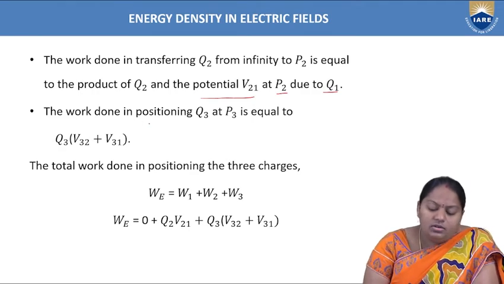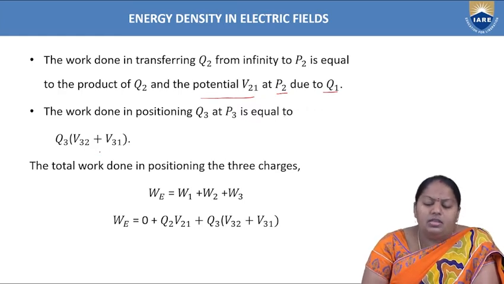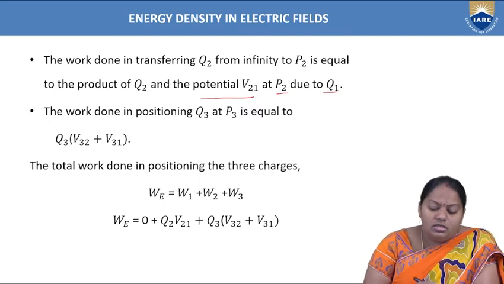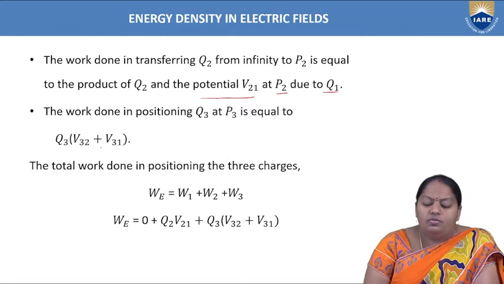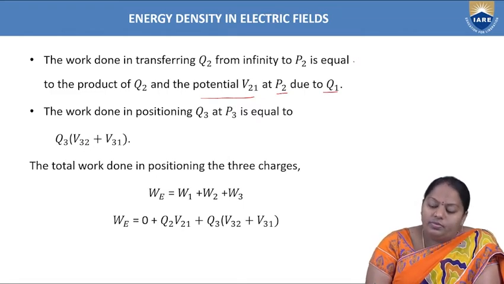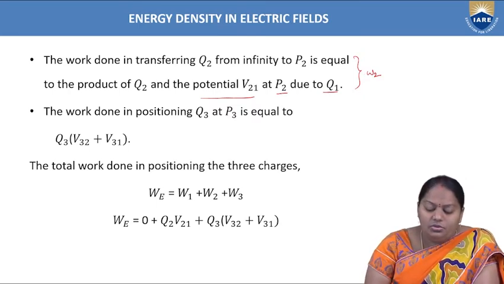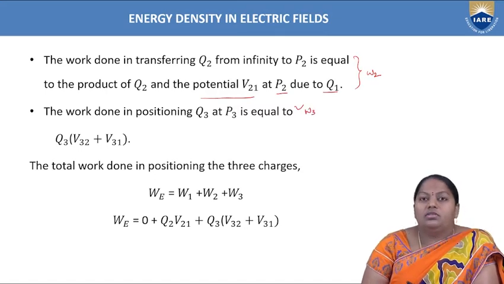The work done in order to assemble or position charge Q3 at P3 is equal to Q3 into V32 plus V31. From this statement, we are going to calculate W2, the work done in order to assemble charge Q2, and from that statement, the work done in order to assemble the charge Q3.